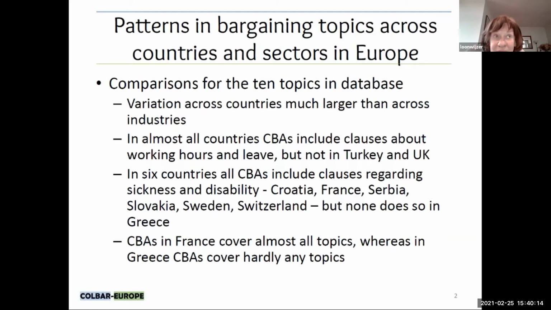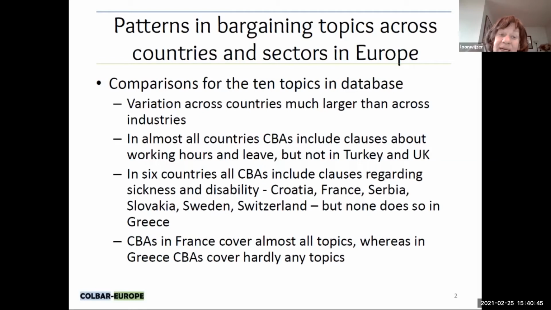In addition, we do not only code the text, but we also annotate the text. So we know which part of the CBA text contains that particular clause that is coded. From the coded text, we make a statistical database, basically an Excel file that can be accessed by statistical programs, and then we can do analysis.